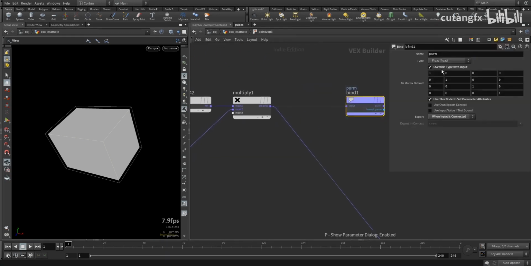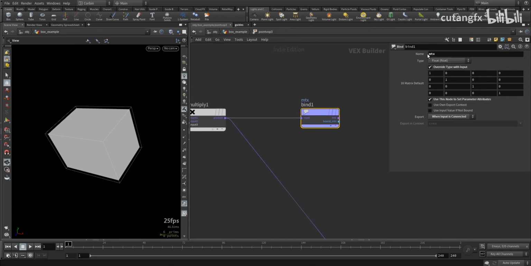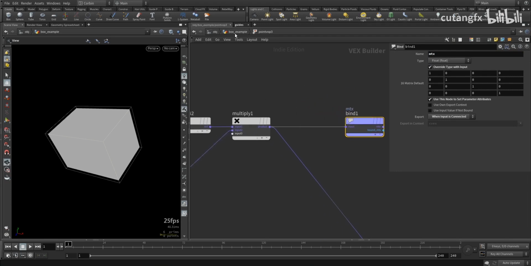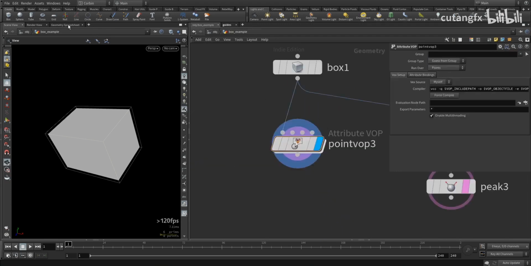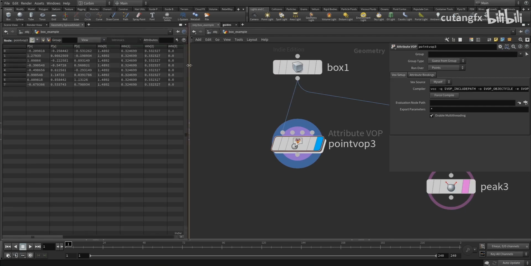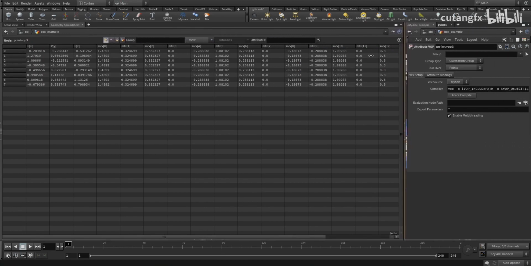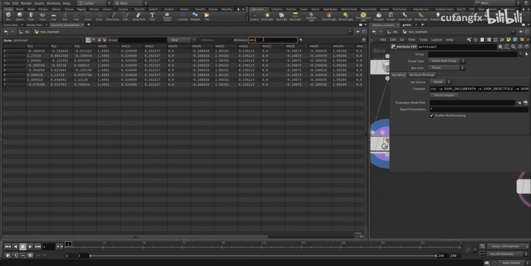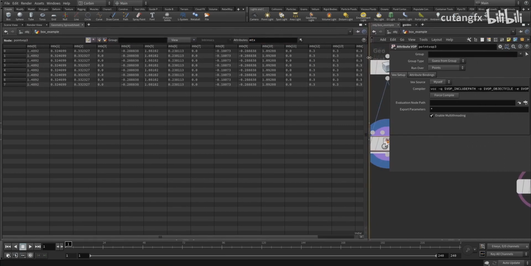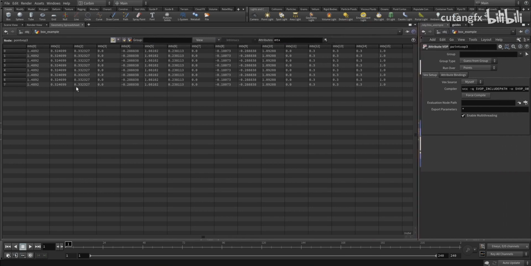Now, I just want to show you one quick thing. I'm just going to create a custom attribute and call it MTX, and it's a matrix, just to write out the matrix of these points and then show you in the geometry spreadsheet what our matrix looks like. Now, it is obviously very hard to see. In fact, I'll get rid of our point position. It's a bit hard to see because there's 16 of them.